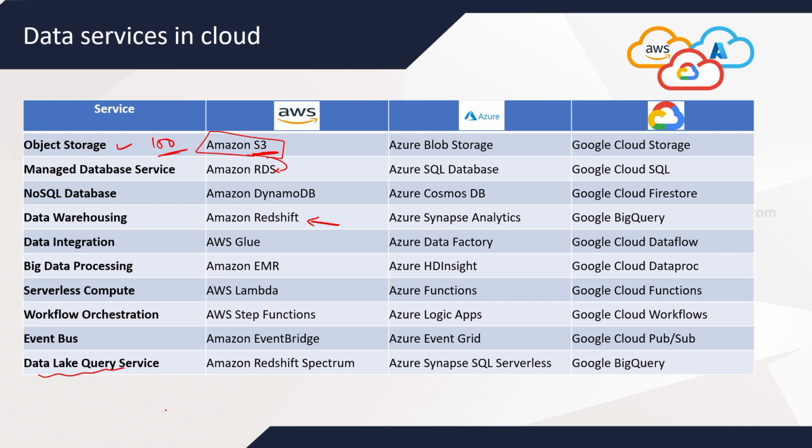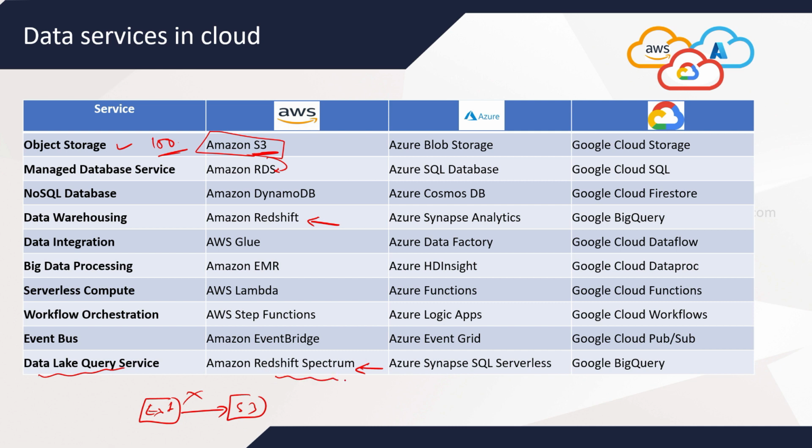So what you do is you create an external table, and that can connect to S3 files. You don't need any databases at all. You don't need the data on S3 to be present in the database. You can directly query the data from S3, blob store, or cloud storage using these services.